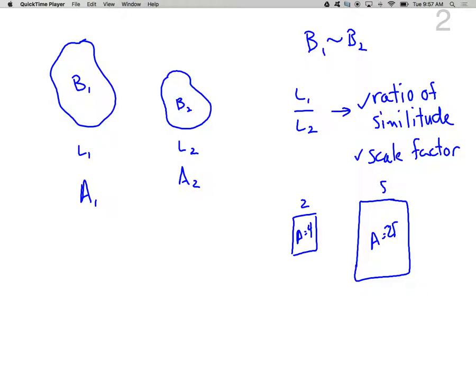Because we know, just to refresh from the previous slide, that 2 to 4 is not equal. Actually, you know what? I'm going to write it a little bit differently. Maybe this will help. Oops, wrong thing. I'll just erase the whole screen. That would have been bad. Let's do it this way. Let's do 2 to 5 is not equal to 4 to 25. So we can't compare directly linear measurements to area measurements.